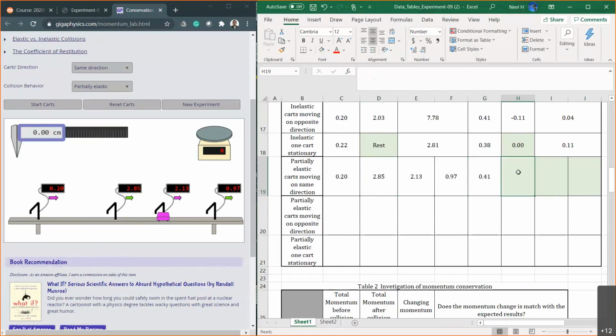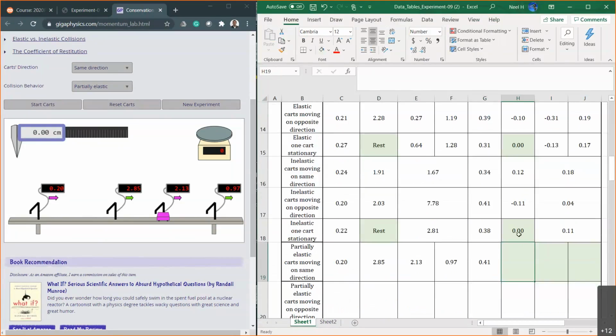So all of those, I have to redo the calculation because these cells don't have the right formula. Like these three. So we have to do it again, equal sign. Length of the card number 2, 0.2225, divide by time for the card number 2 before collision, cell value D19.